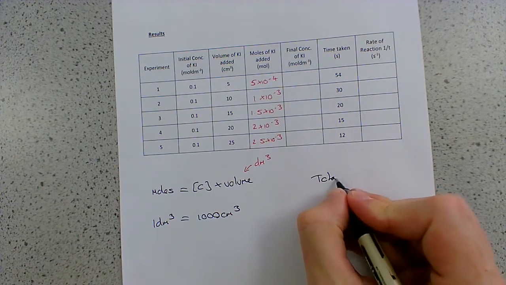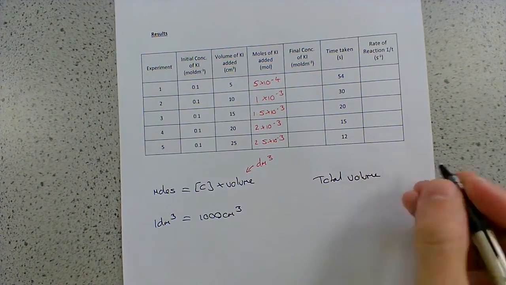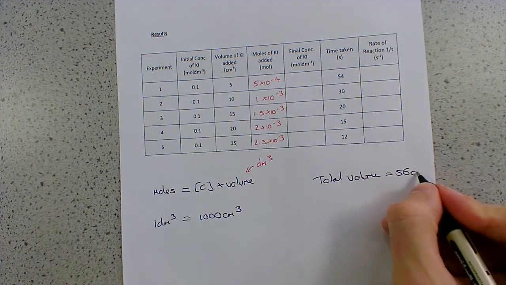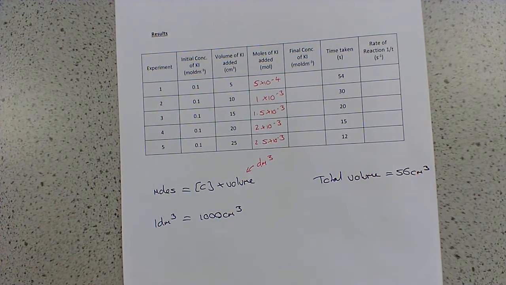The total volume was always 56 centimeters cubed, because we use the exact same volume of sulfuric acid, hydrogen peroxide, sodium thiosulfate, and starch. All we varied was we increased the volume of the potassium iodide, but at the same time we decreased the volume of water, keeping the total volume the same.